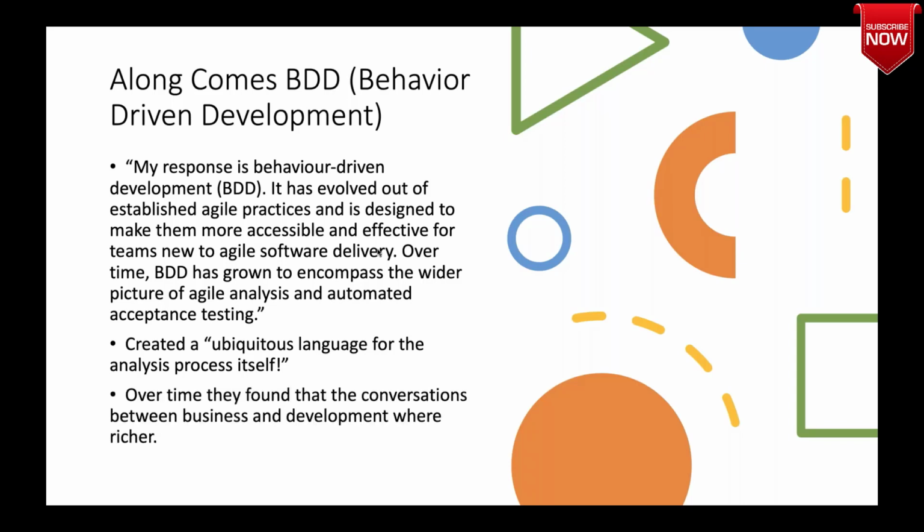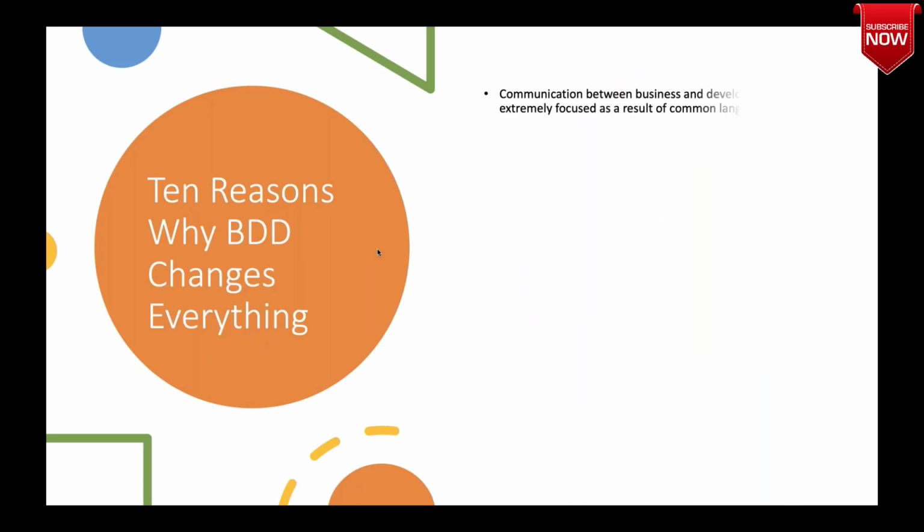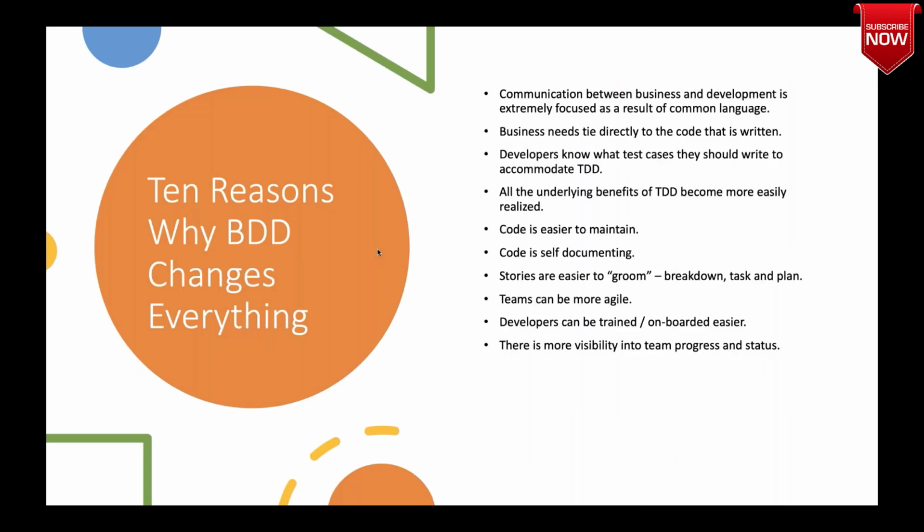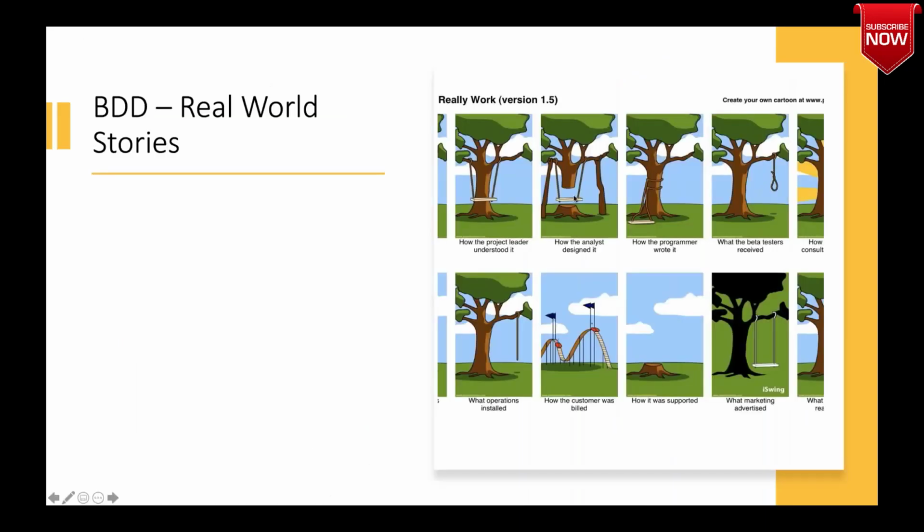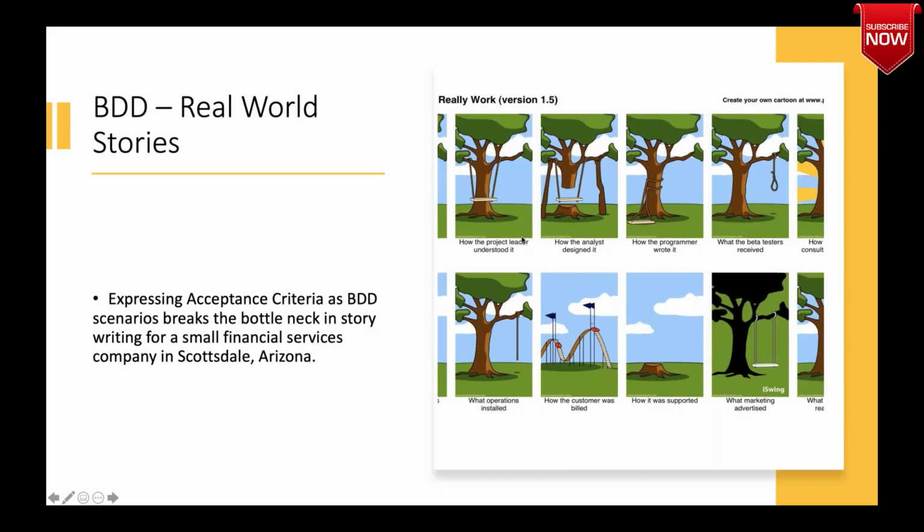Let me quickly show you a traditional image. How many of you know about this image? This is a traditional image that defines the process between the real client and the development process, and the last end product. I think you can find it anywhere in a Google search.